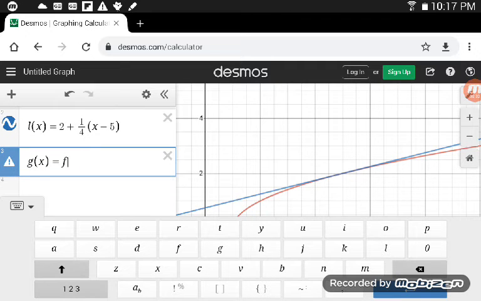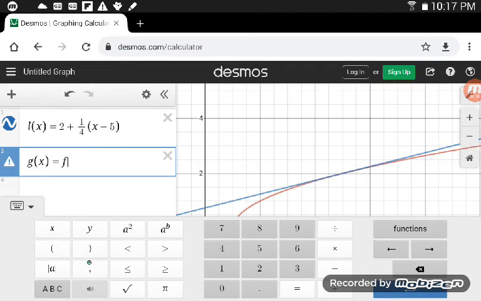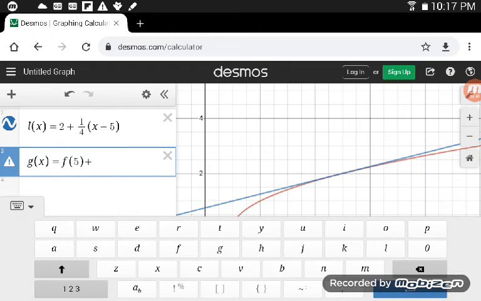It's f at 5, f of 5, and then plus f prime at 5, so I'm just going to write it that way, f, and I need to find the prime. It looks like it's right there.